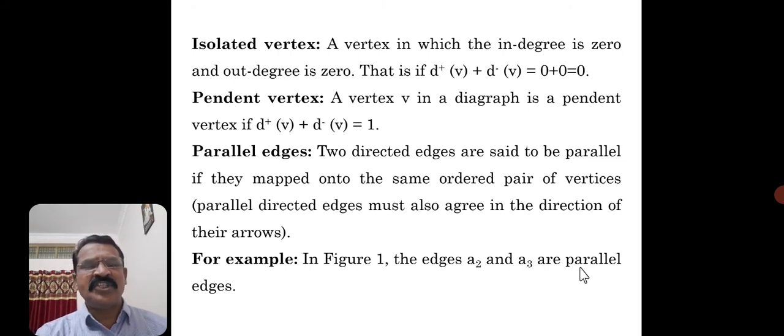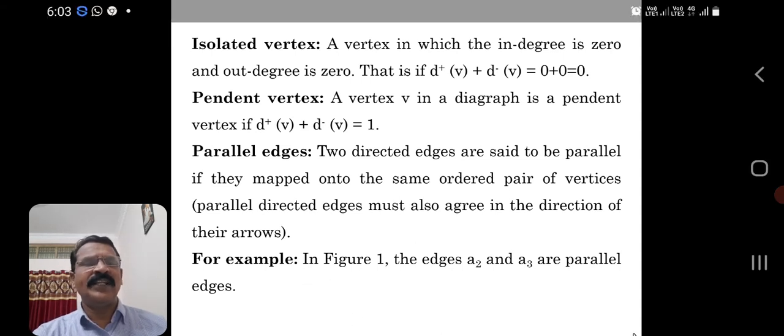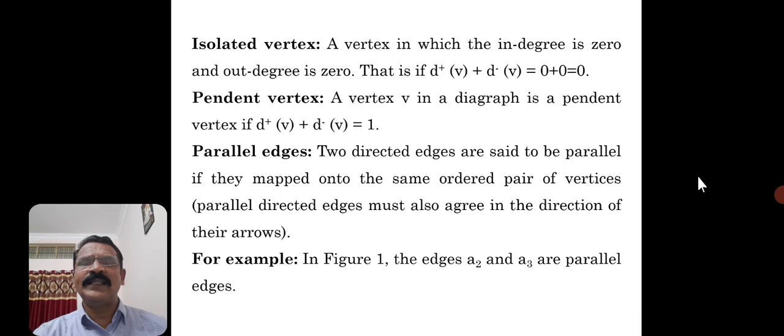A vertex in which the in degree is 0 and the out degree is also 0. In case of an undirected graph, degree 0 means no edge is incident. Similarly here, an isolated vertex is one with no edge incident out or incident into that vertex. That's why we say such a vertex is an isolated vertex.